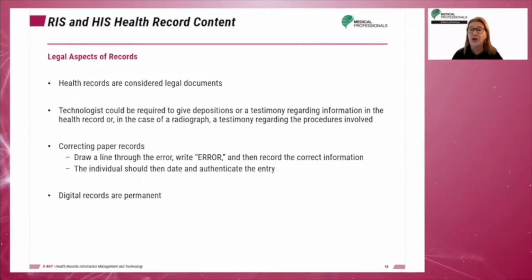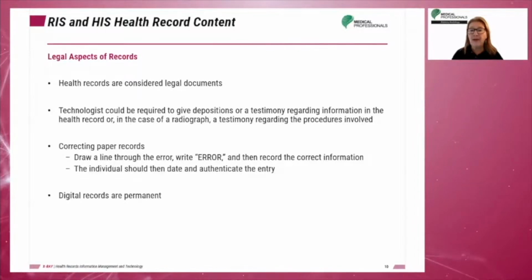Health records are considered legal documents. A technologist could be required to give depositions or a testimony regarding information in the health record, or, in the case of a radiograph, a testimony regarding the procedures involved.